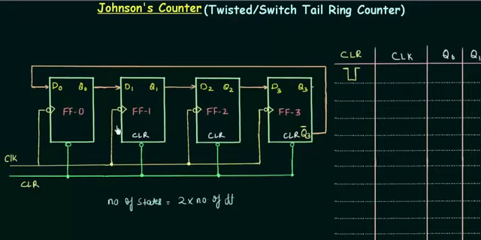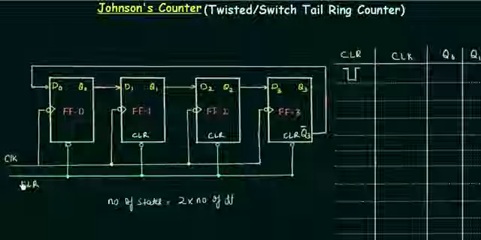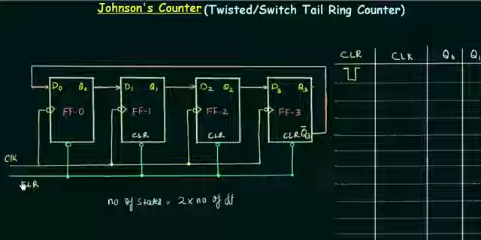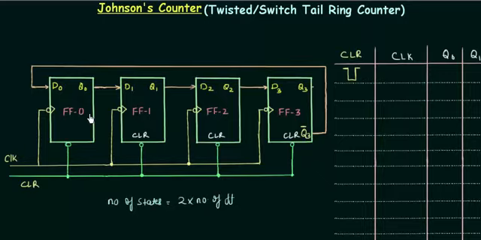Now let's see what changes you have to make in the circuit to get the Johnson's counter. The first change is shifting to the clear input from the preset input. In the previous case, I used the preset input for flip-flop number 0, whereas in this case I am using the clear input, and in this way we have all the clear inputs connected to the overriding input. And it is a very important point for the Johnson's counter, because initially when the overriding input is low, you will find that the outputs Q0, Q1, Q2 and Q3 are low.